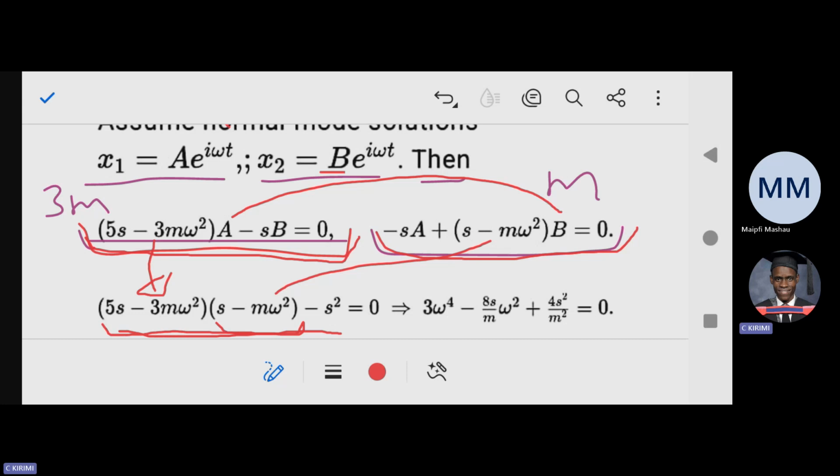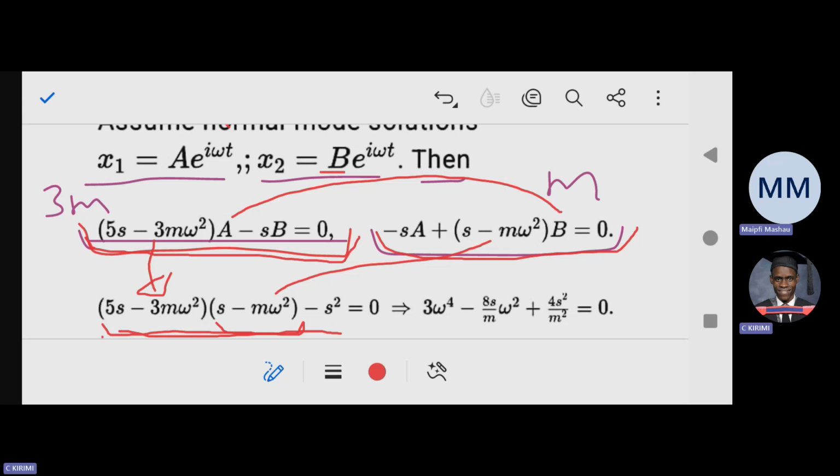When you expand everything, it's a matter of us solving for the omega. But how did you get rid of everything, those two equations, to come to here? You take the expressions that are having a constant a and b, you multiply those brackets together.